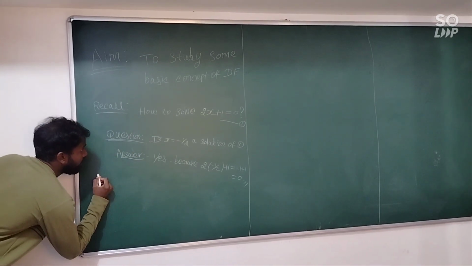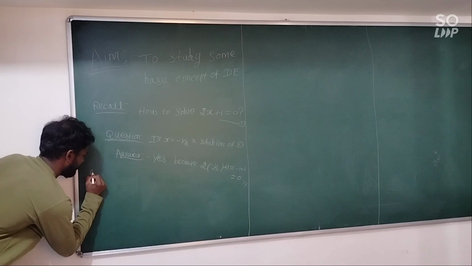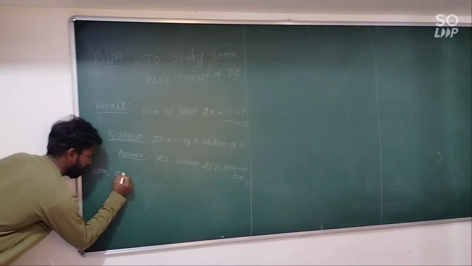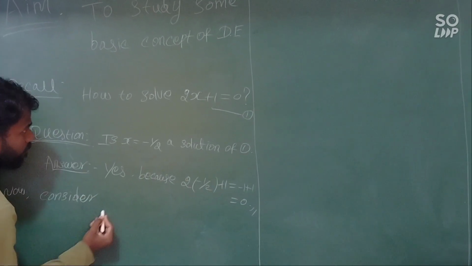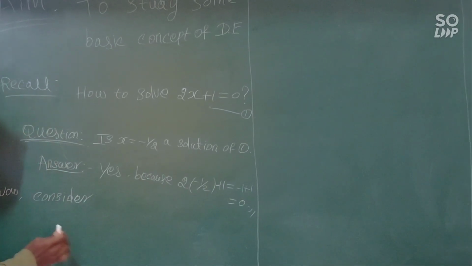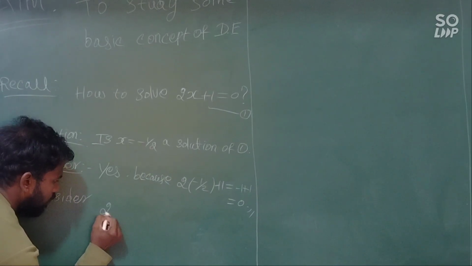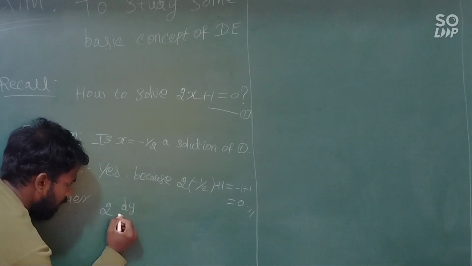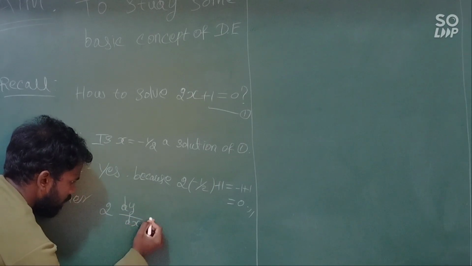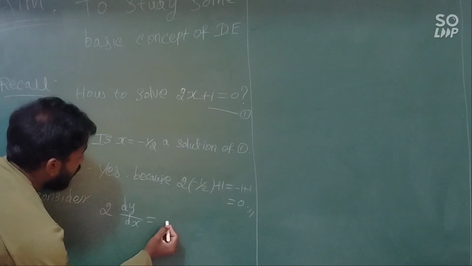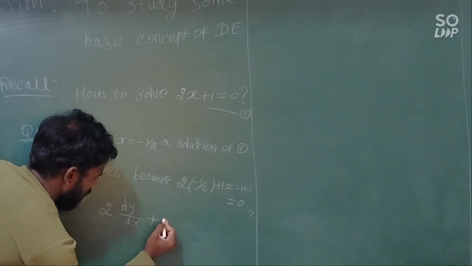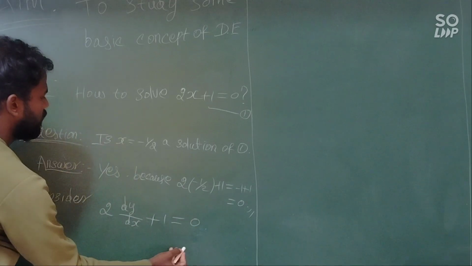Now see, consider the equation of this form: 2 dy by dx plus 1 equal to 0.